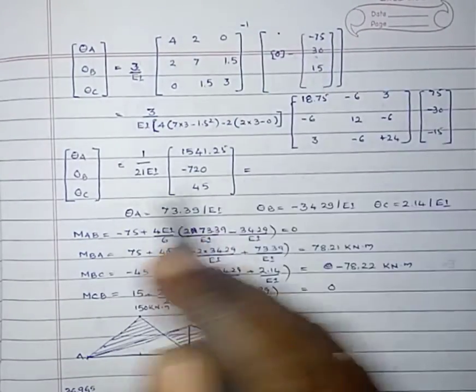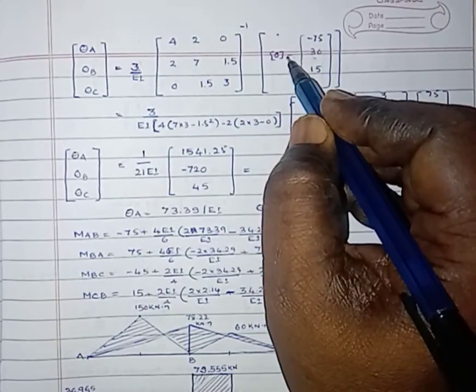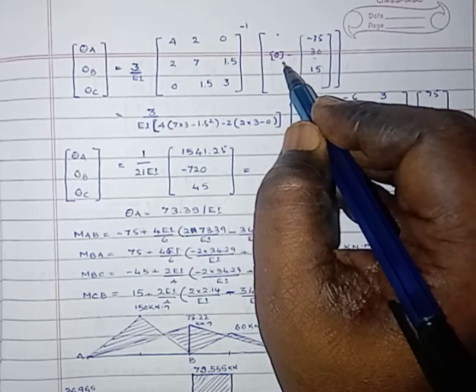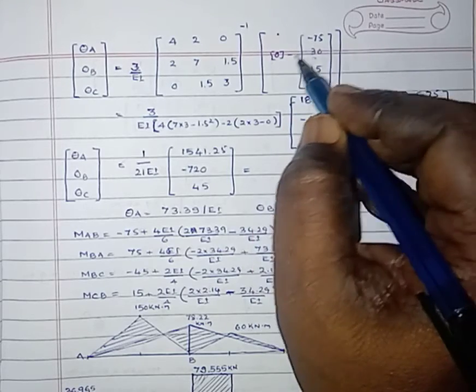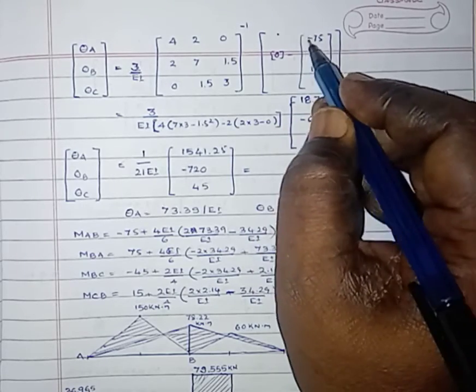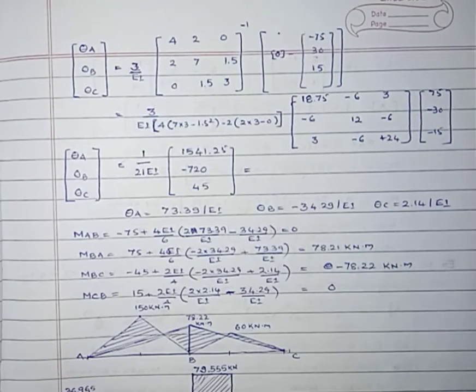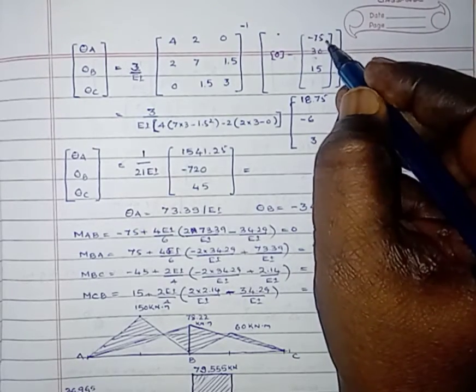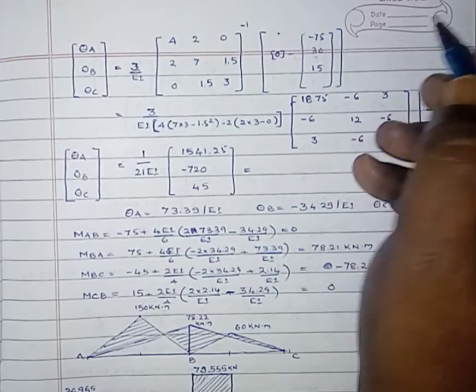Here the inverse of this matrix is multiplied with the vector due to the pre-existing load, that is 0, minus the vector due to the moments at coordinates 1, 2, 3, that is minus 75, 30, 15.